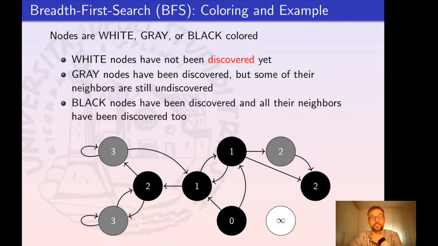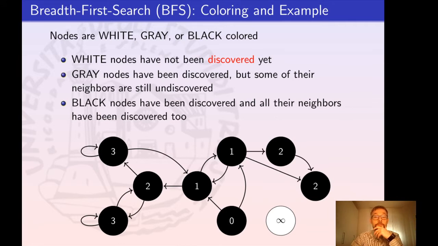As you can see, it's rather straightforward what's going on until the end. This is the final state of the BFS visit. And here you can see something strange, because this node has not been visited, and its color is still white, but it doesn't matter.